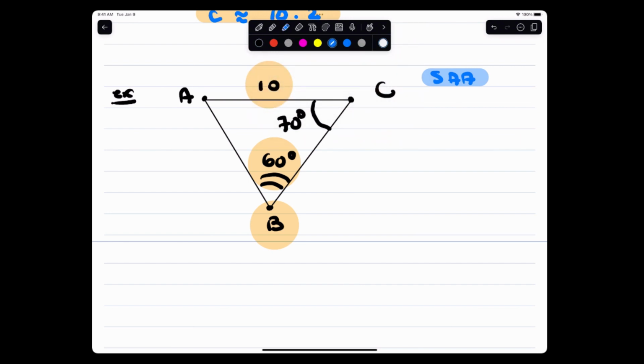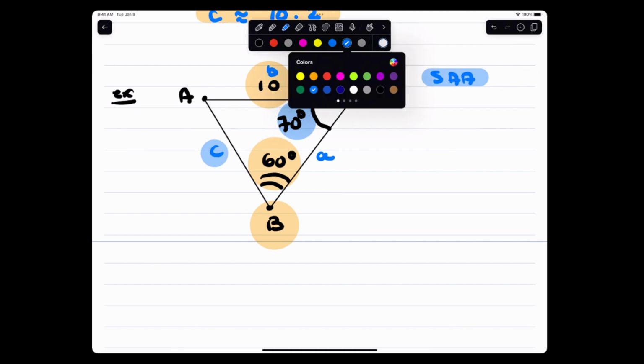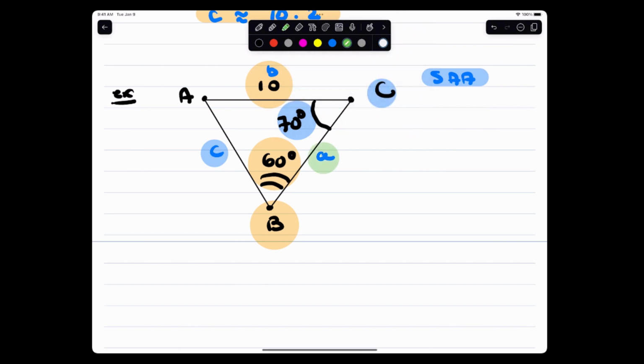I think I like using blue for angle C. You might say, wait a minute, isn't this little c, little a, little b? It is, right? And then that leaves us with A, so we'll use green.